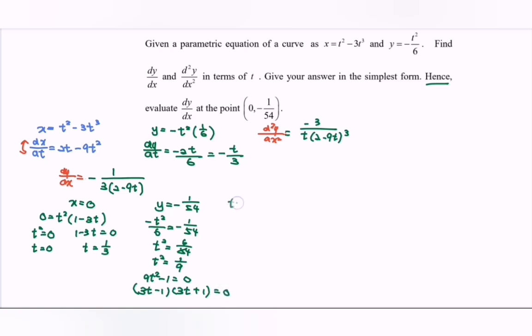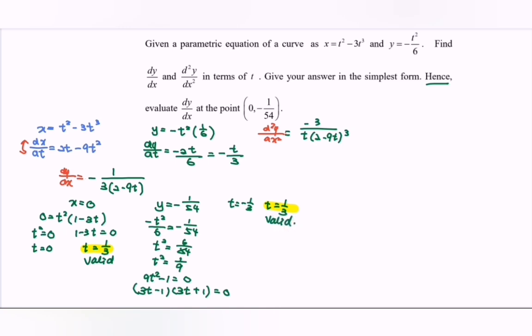So the value of t will be negative 1 over 3, or t equals 1 over 3. We have to check the situation when x equals 0 and y equals negative 1 over 54, and we notice that the common value is t equals 1 over 3. So it is valid when t equals 1 over 3.